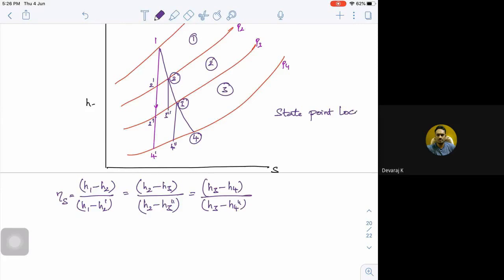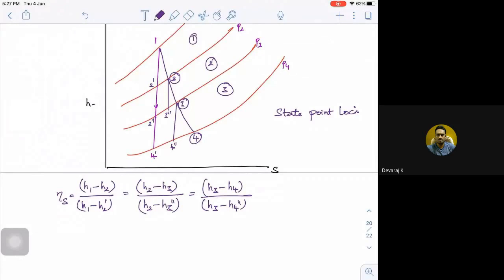State point loci. Okay. Now, what is the significance of it? The significance of this is that it clearly indicates with what condition the steam enters the subsequent stage.